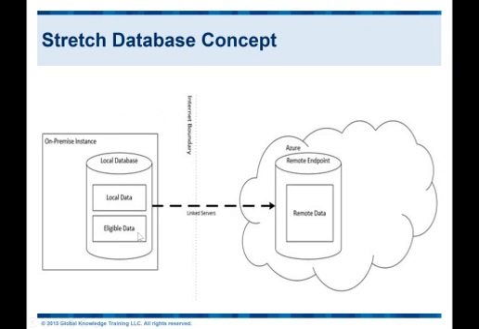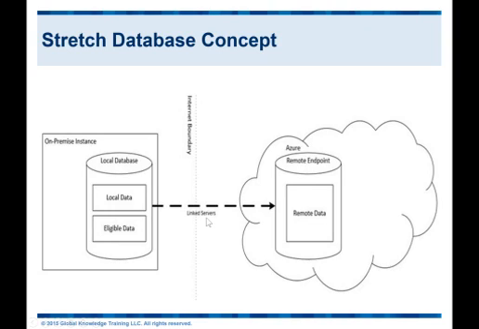But when we mark a database, well, first of all, we have to enable stretch database at the instance level. Then we have to enable stretch for the database as well. And then we enable individual tables that we want to stretch to the cloud. And then the data in those tables becomes what we call eligible. So it's eligible for migration.